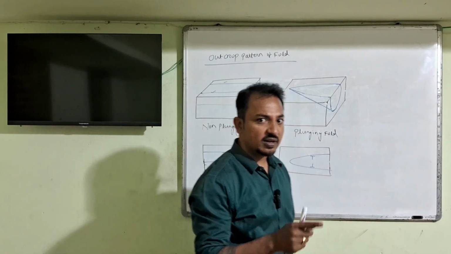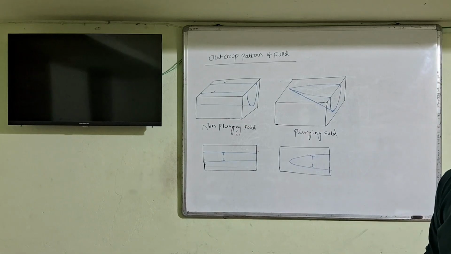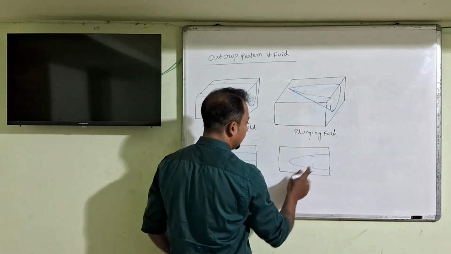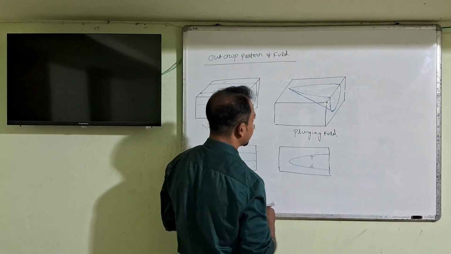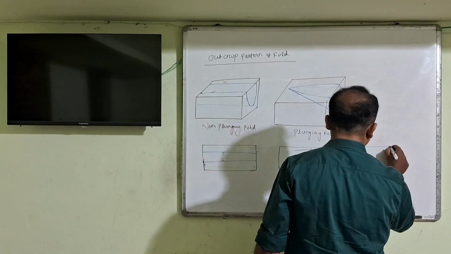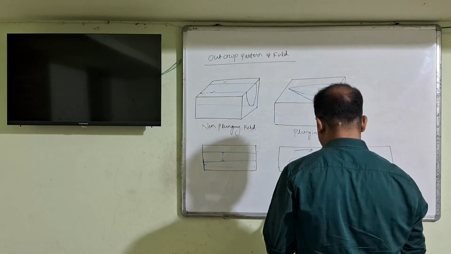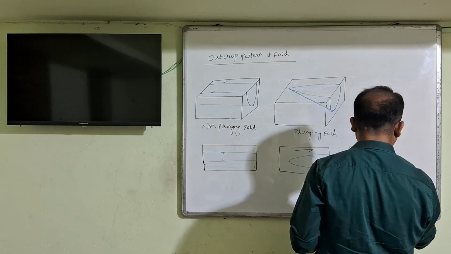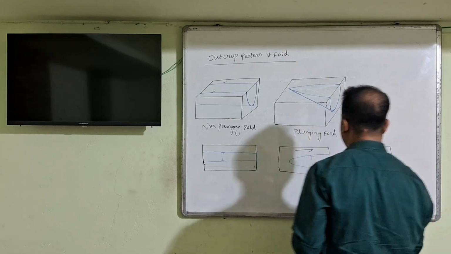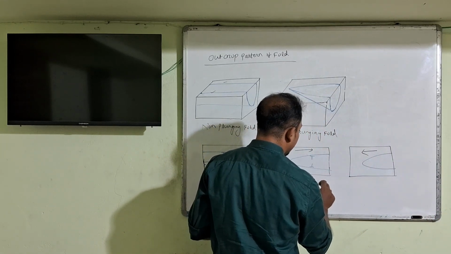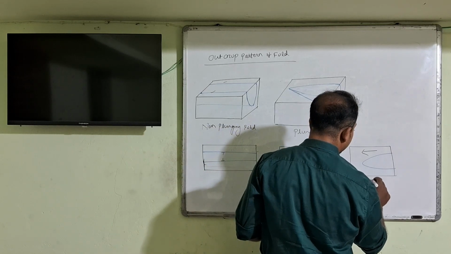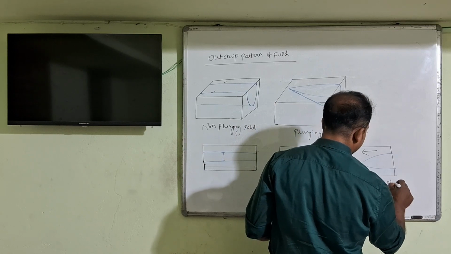So here, this may or may not be mentioned. If the plunge direction is mentioned, you can tell whether it is a synform plunging or antiform plunging. As this is a synform, you have to show the plunge direction opposite to the closure. If we show the plunge direction towards the closure, it will be an antiform plunging.